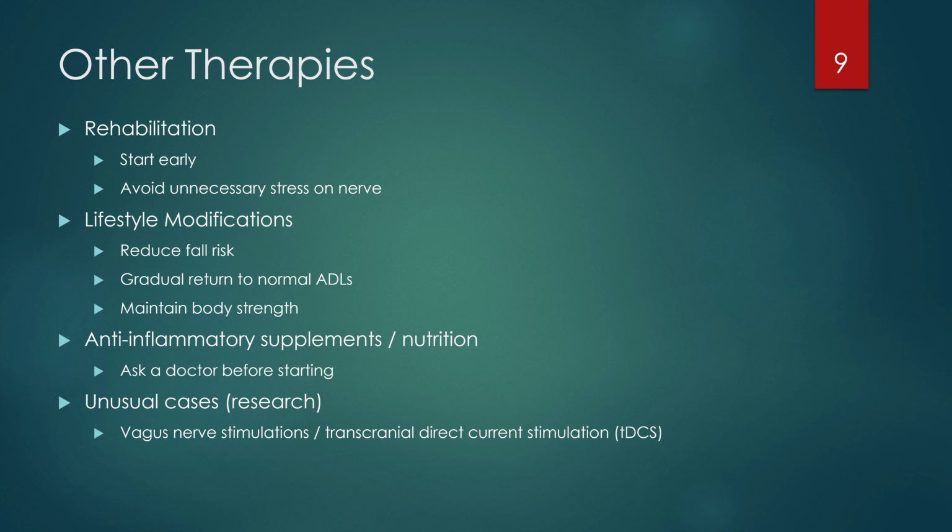Again, avoid strenuous exercise as overexertion can worsen vestibular neuritis. Anti-inflammatory supplements and nutrition are also options for additional therapy. However, it's important to consult a doctor when using these. In unusual or severe cases, physicians may want to try vagus nerve stimulation or transcranial direct current stimulation to alleviate debilitating, long-lasting symptoms.